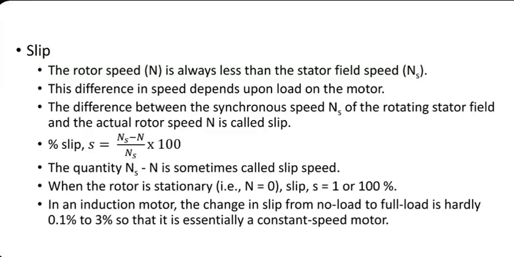The difference between synchronous speed and actual speed, divided by synchronous speed and the entire thing multiplied by 100, is known as slip. Percentage slip is the right word. The smaller the slip, the happier you are. So 5 to 10% slip is permitted in most of the practical applications.